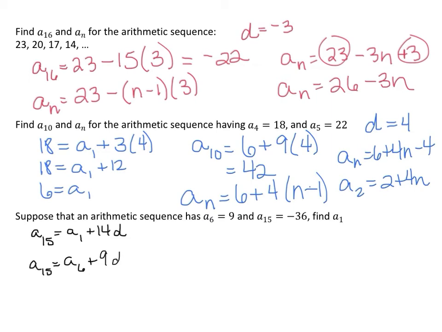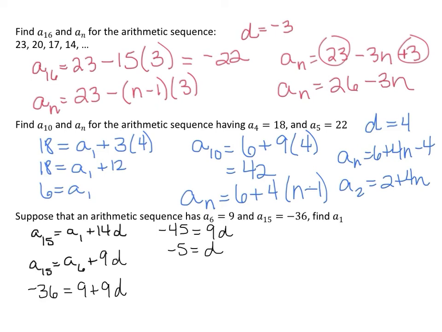So it's plus 9d. Well, a sub 15 is negative 36, a sub 6 is 9. When I subtract 9 from both sides, and then divide, I get that d is equal to -5.